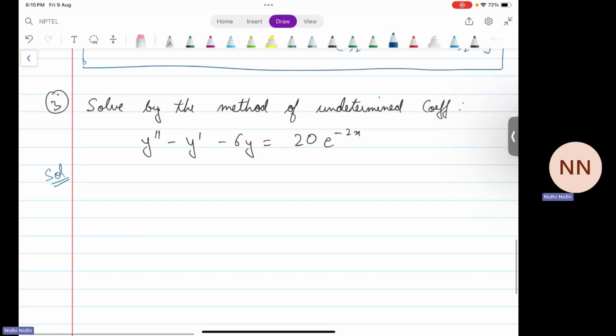The solution of that homogeneous part is called the complementary function. So our first aim is to find the complementary function. For that we need the auxiliary equation.